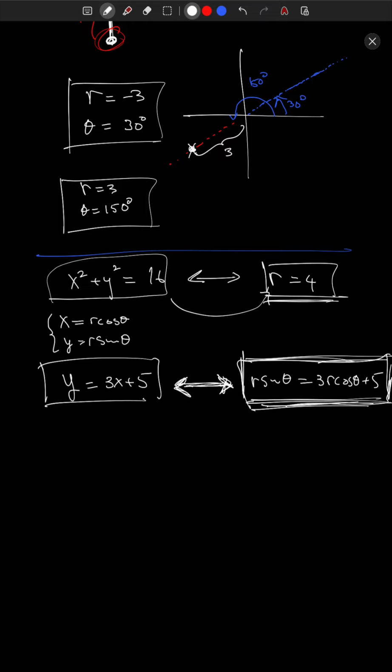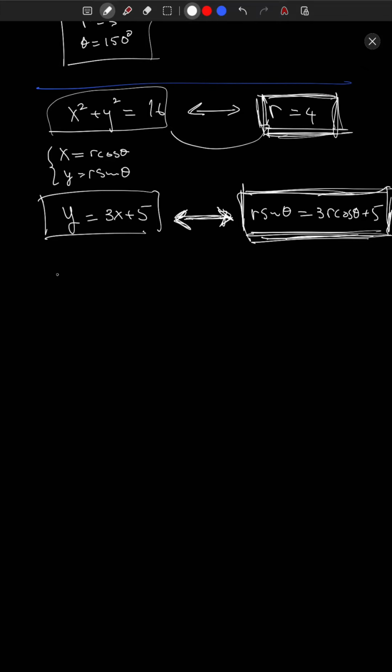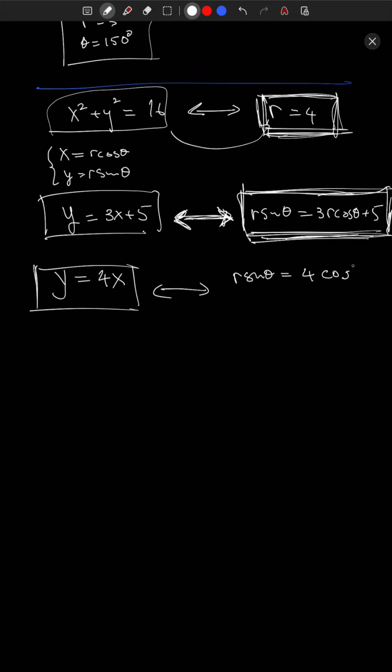So like the case of x squared plus y squared equals 16, converting into r equals 4. So here's another example. Let's say y equals 4x, right? So this one is also a line, but this line is through the origin, right? That line up there is not through the origin. So let's take a look at this conversion. So this converts to r sine theta equals 4 r cos theta.